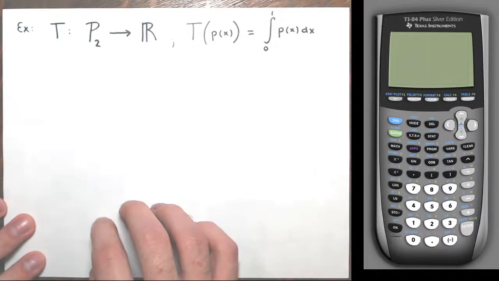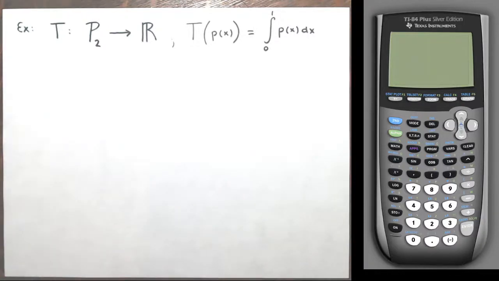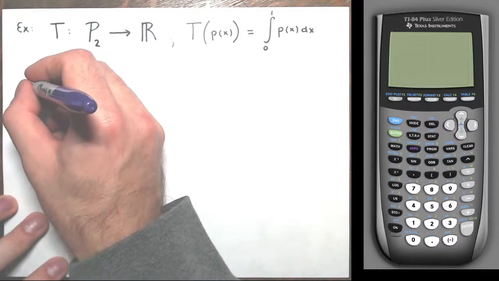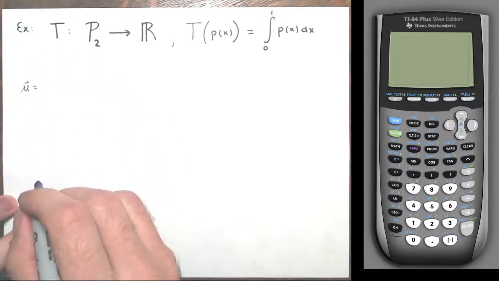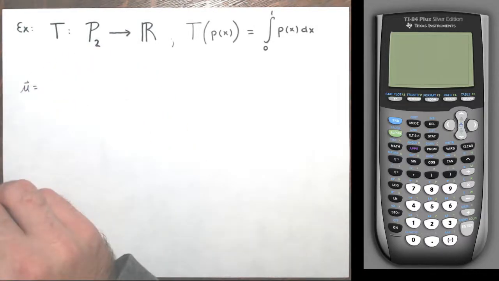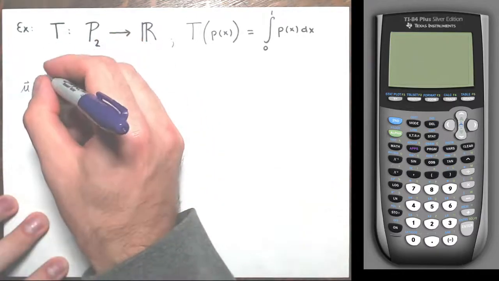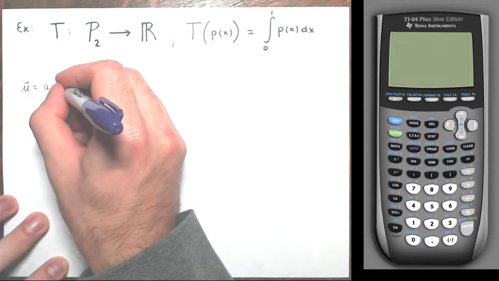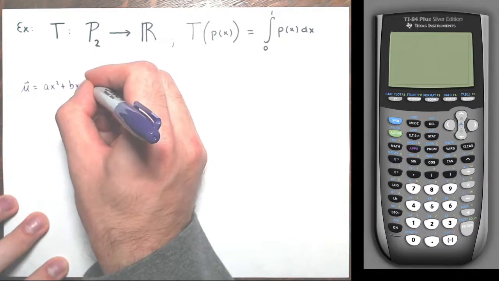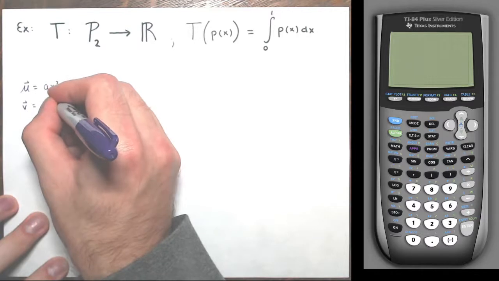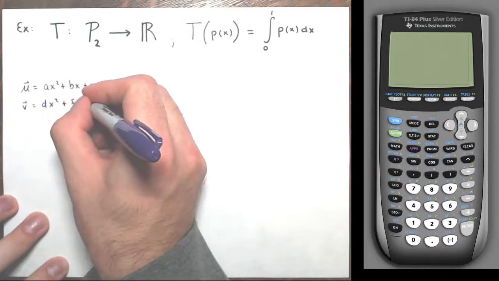So as before, let's say vector u is some polynomial from P2, ax squared plus bx plus c, like I had before. And I'll have v be dx squared plus fx plus g.